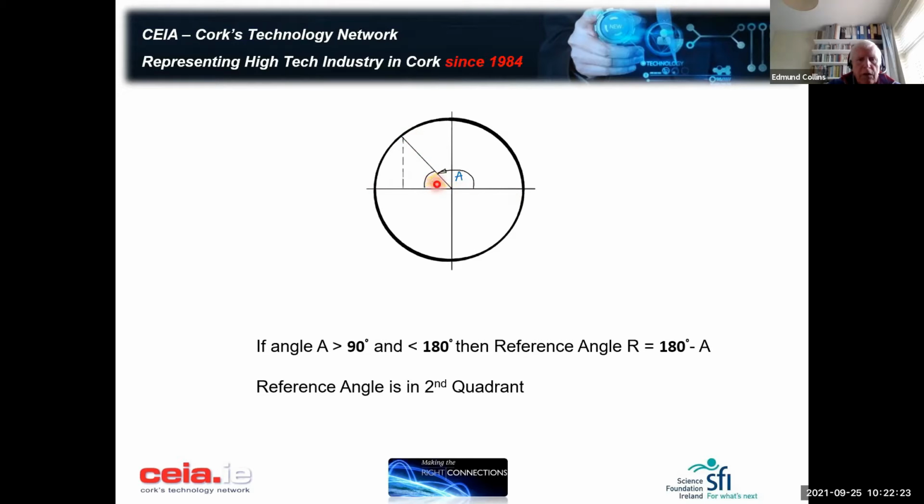So this is the reference angle. The reference angle then becomes 180 degrees minus A, the angle you're looking for. In this case, the angle is in the second quadrant. Going anti-clockwise we call these the first quadrant, second, third, and fourth.